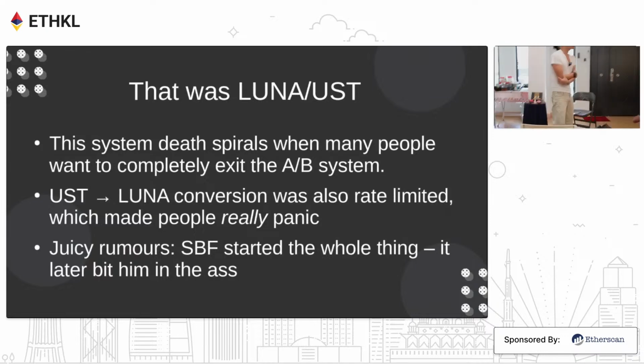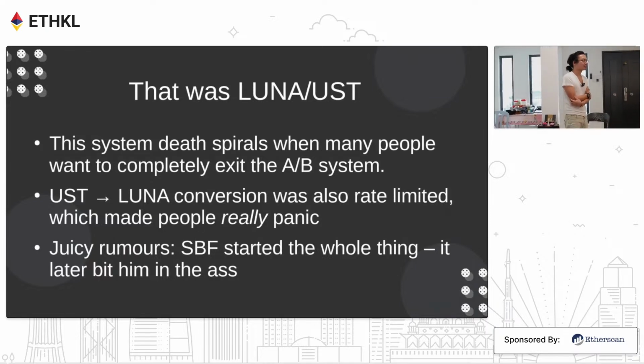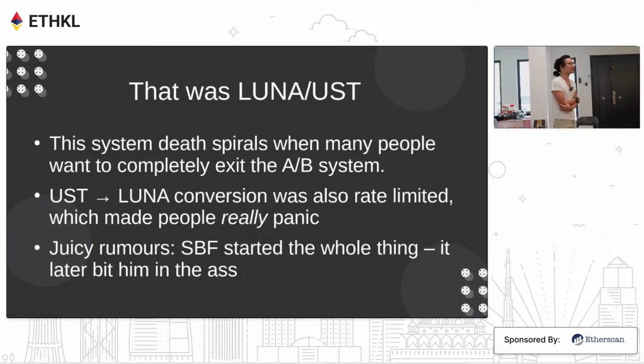So let me see if I remember what happened. Apparently there was a huge $1 billion Bitcoin short. Then at the very same time, the Luna Foundation was withdrawing its UST from this pool to put into another pool.